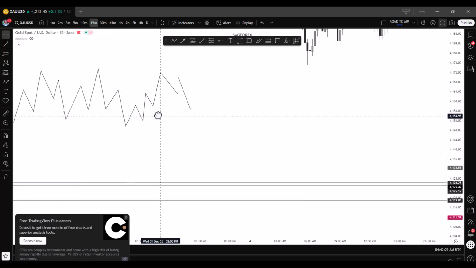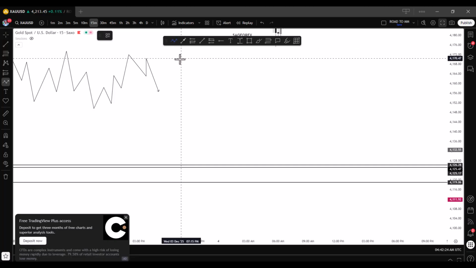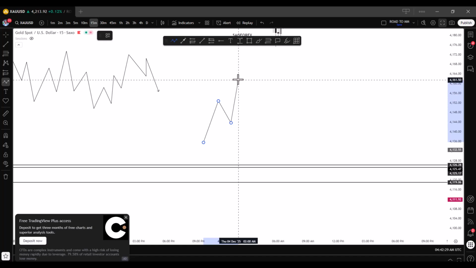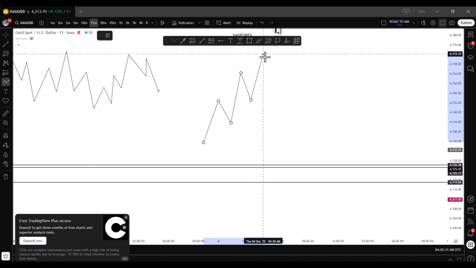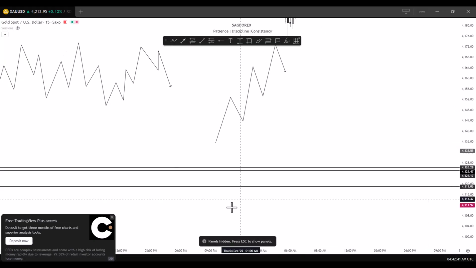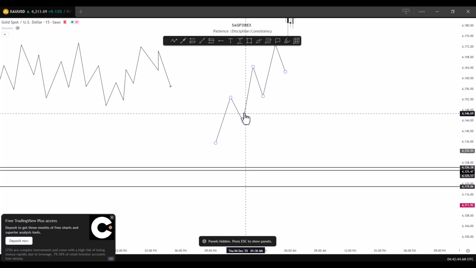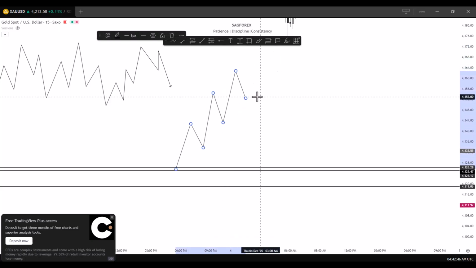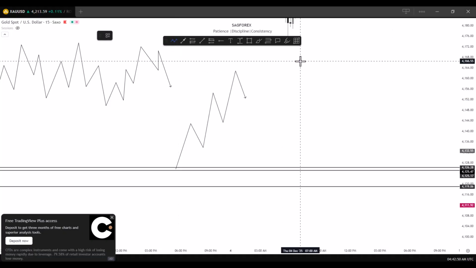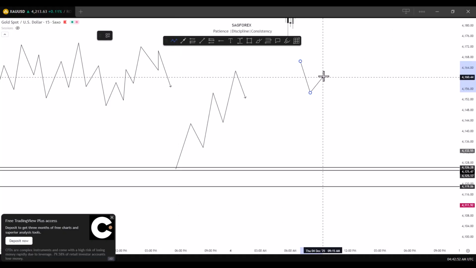Instead, you want to use this strategy in a market that is moving this way, a trending market. A market that is trending upwards like this, or a market that is trending downwards.